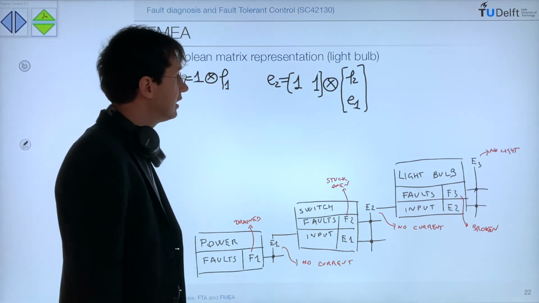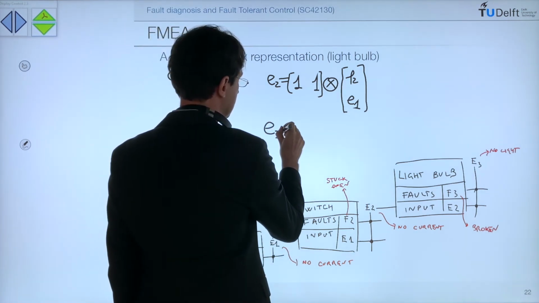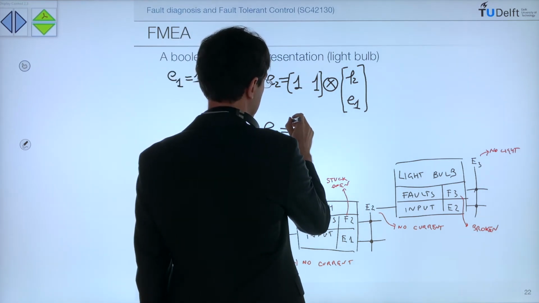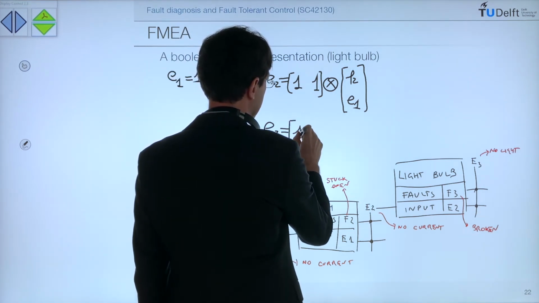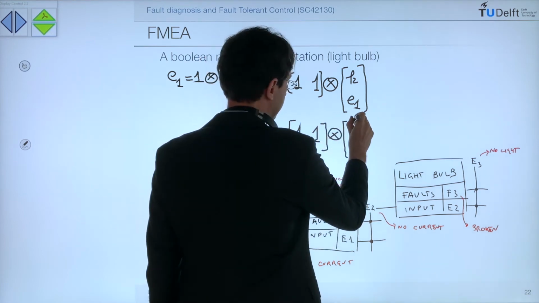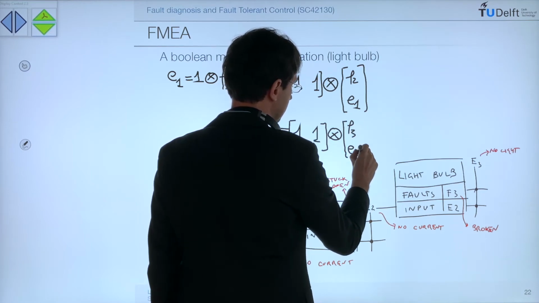And finally, the same kind of matrix is defining how the effect number 3 is mapped to the local faults and the propagated effects at the light bulb level. So we have F3 here and E2 here.